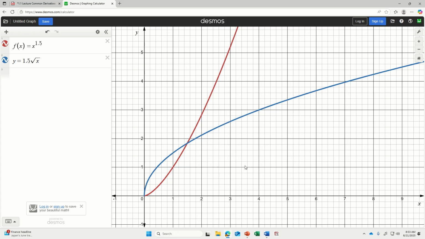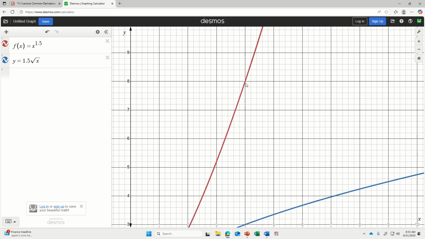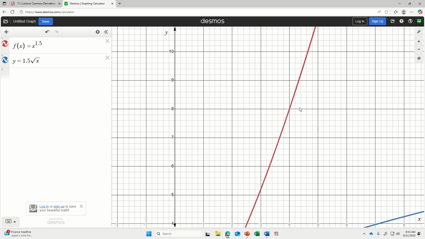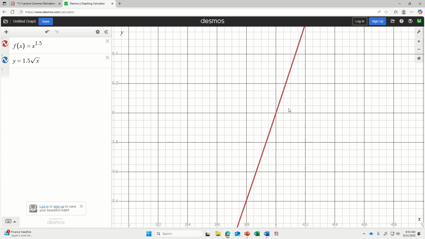My original function, when x equals 4, has the value 8. See that coordinate pair, 4, 8? And then the derivative of that function, when x equals 4, has the value 3. And that means at that point, the slope of this curve is about 3.